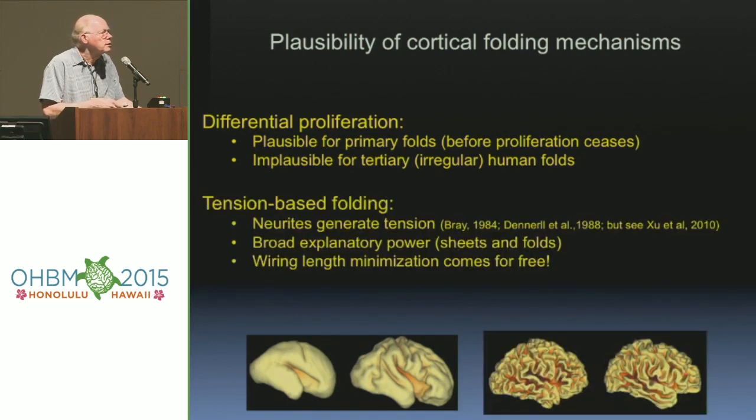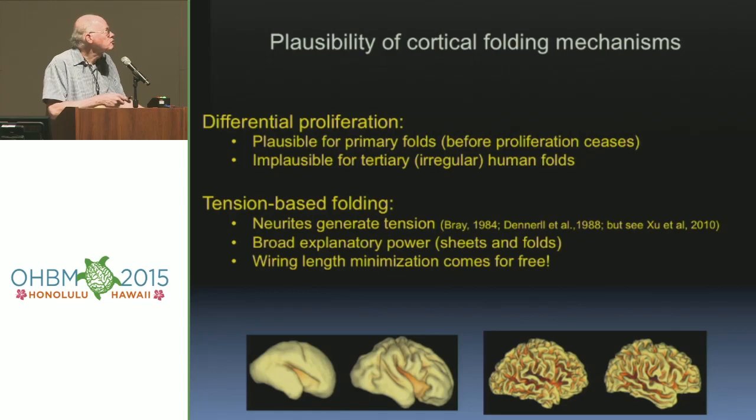So I find it attractive to think of a multiple-mechanism pattern of cortical development in which later stages of folding may well be dominated by tension, as I speculated before. Empirically, there's evidence that it exists.